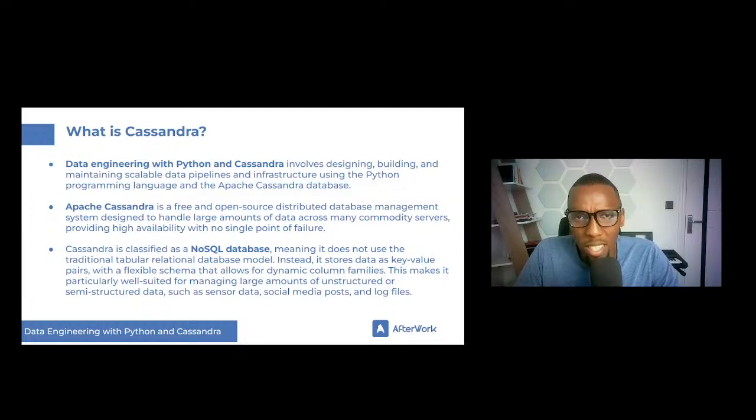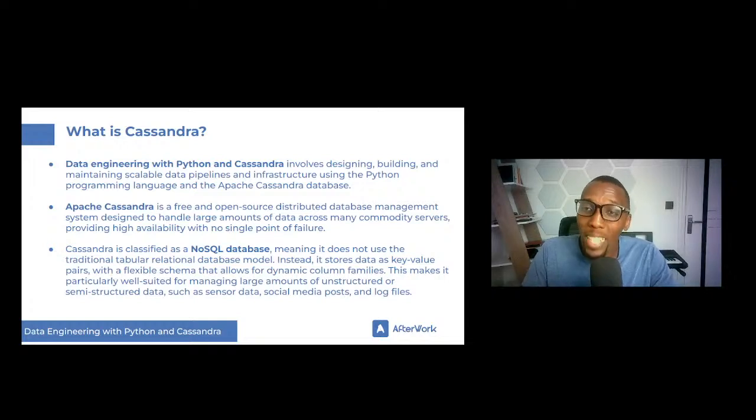Apache Cassandra is generally a free and open source database system. You might have heard of, in many contexts, SQL. SQL is a language that we use when it comes to interacting with what are called relational database management systems. If you've heard of MySQL, Postgres, SQL Server, those are relational database management systems.